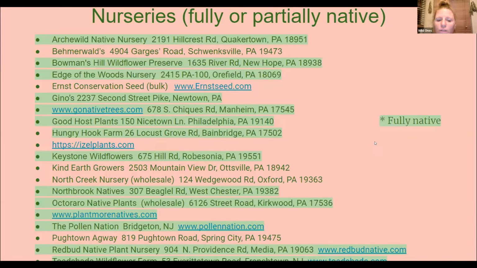I think it's important that we all go to these places that are even having some natives, as long as they are producing them ethically, maybe especially if they're seed grown, or if they're getting them from reliable local growers who are growing them responsibly and ethically, with local genotypes, so that we support them.